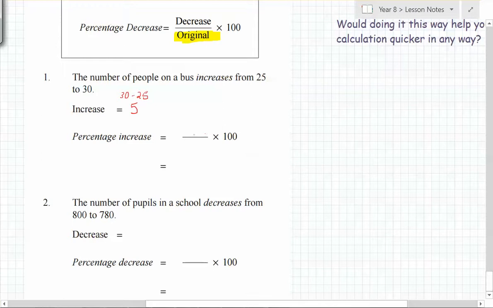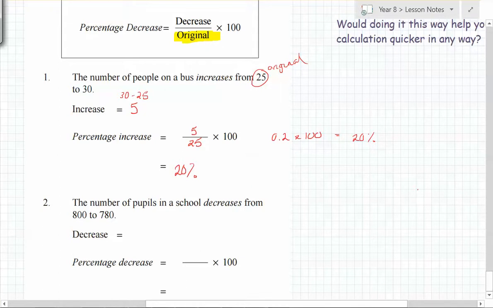So you do 5 on the top and you do 25 on the bottom because that's from where it came. That's the original. And then you do 0.2, and then you times it by 100. So that's 0.2 times 100 equals 20. That means that the percentage is 20%. Okay, so it's a 20% increase.